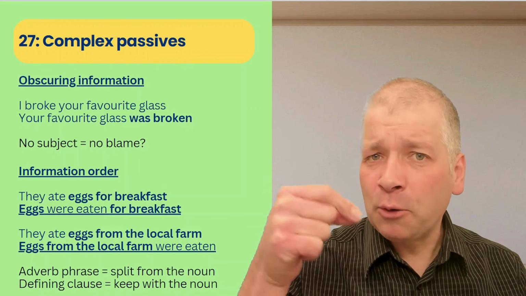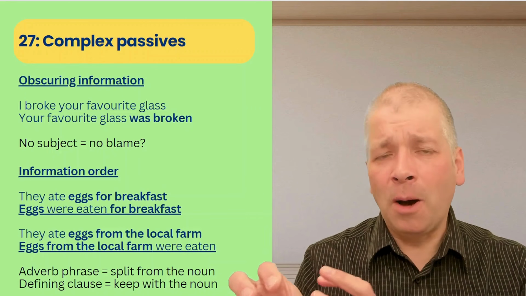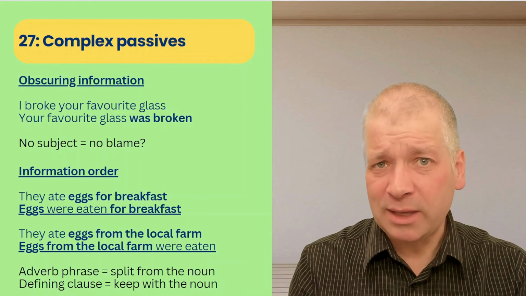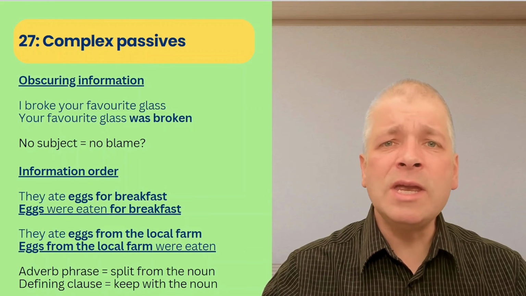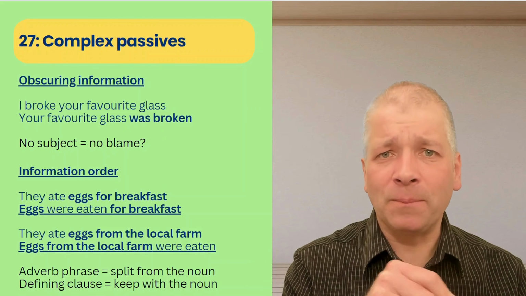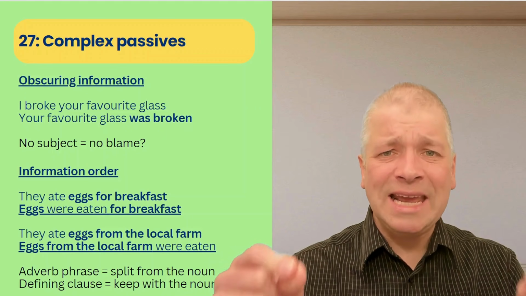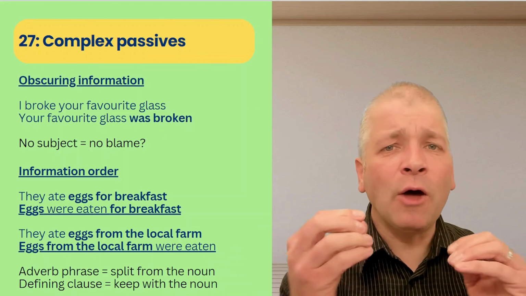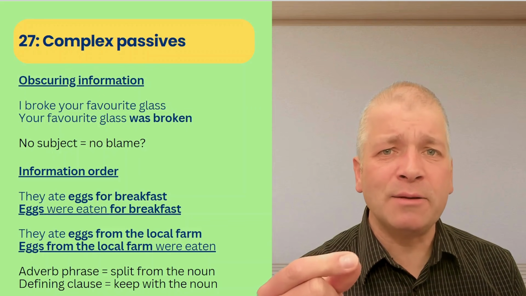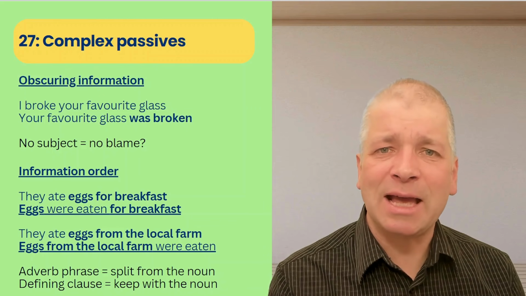But eggs from the local farm is a defining clause. From the local farm tells us qualities about the eggs. We know more about the eggs if we add from the local farm. It creates a noun phrase. And here we need to keep the two together, otherwise we lose that sense that the local farm is telling us more information about the eggs.